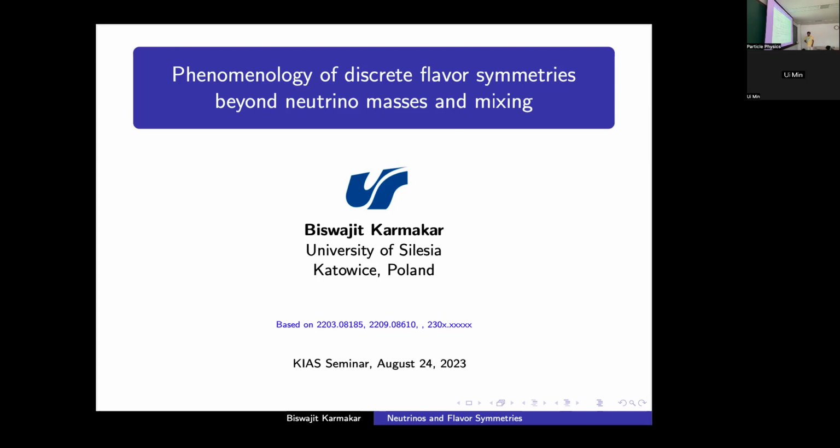Now, with this, we can write the type 1 contribution. In this case, the last two terms in the Lagrangian are the usual type 1 seesaw mechanism, right? Yeah, this one. So in this case, what is the advantage of considering A4? The advantage of having A4 is that you can have this kind of special structure of the Yukawa coupling, the Dirac mass matrix.